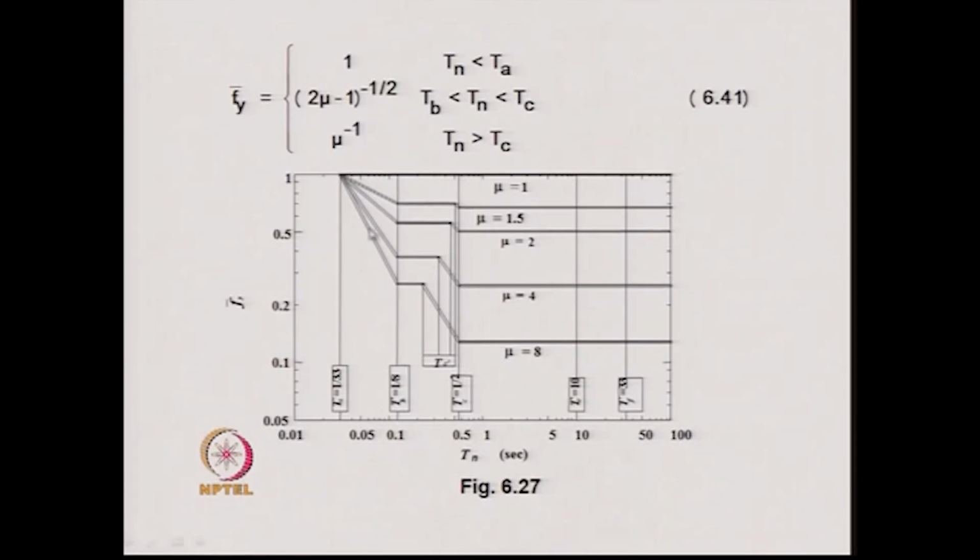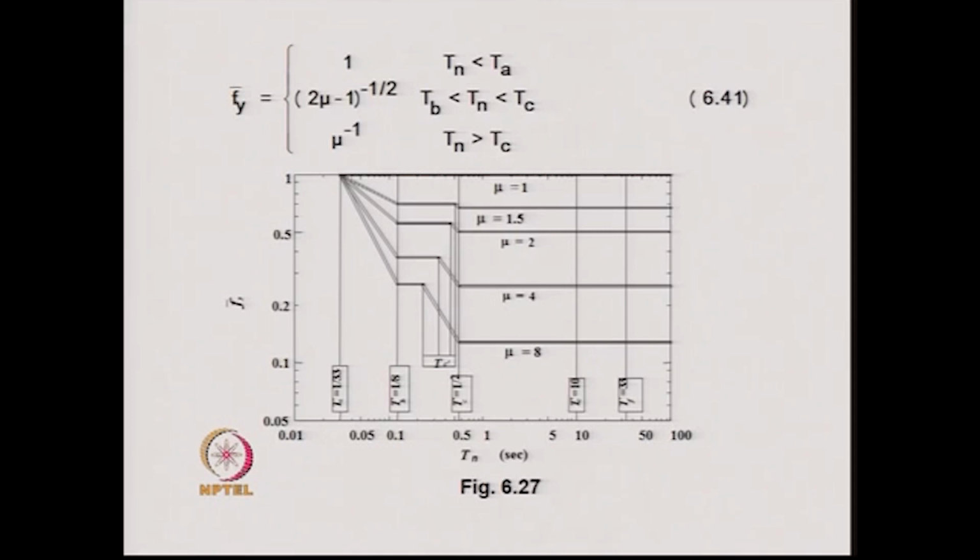So, therefore, the full segment of the curve can be traced, and this shows the idealized values of f bar y for different values of T n for a given value of the damping and the ductility ratio mu.